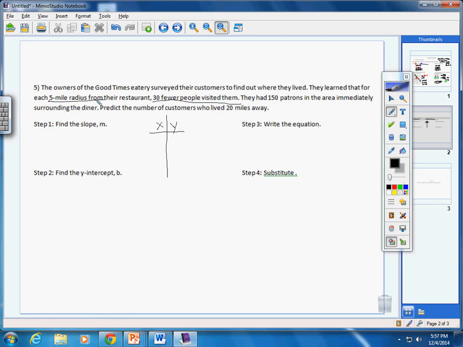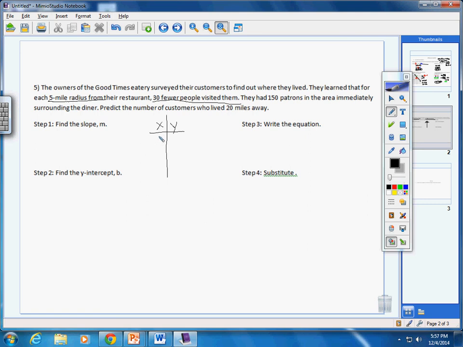We have 2 variables here. We have the distance that people live away from the restaurant, and then the number of people. I'm going to represent the distance with x, or each 5-mile radius, and call those our x values.